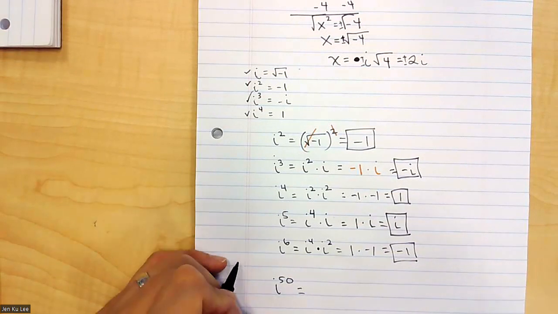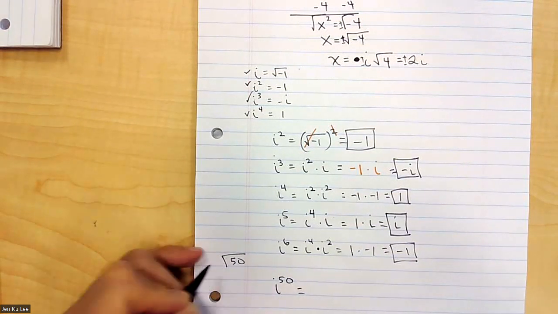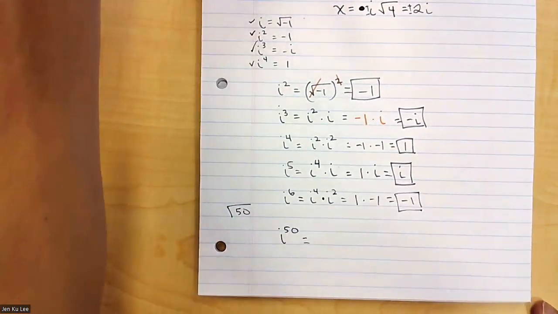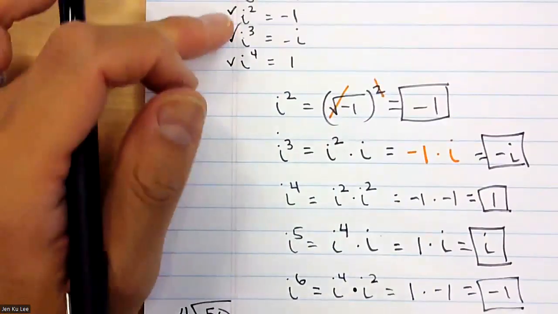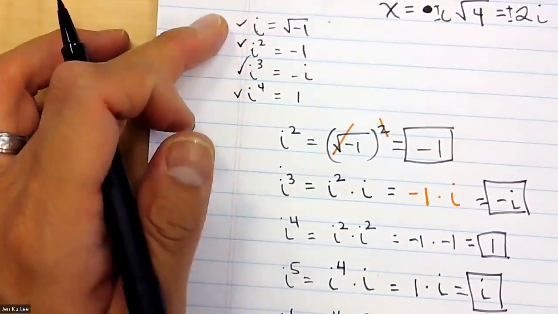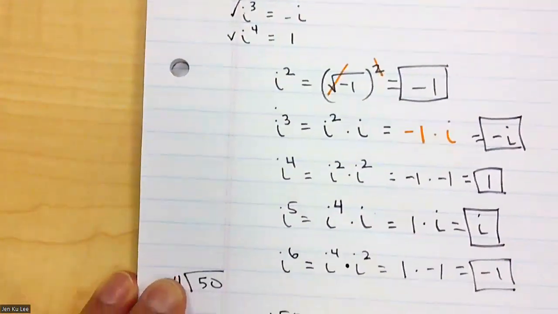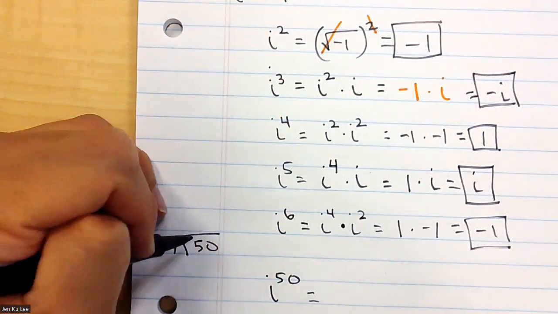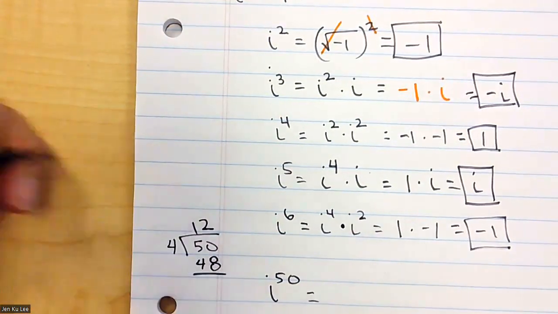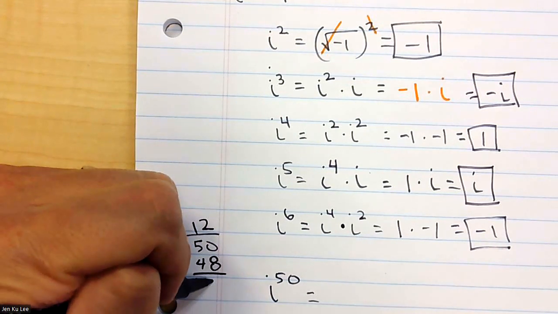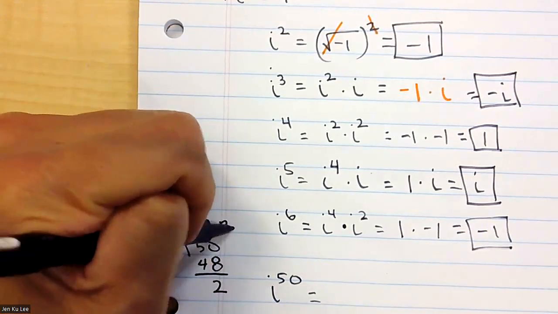Or what you can do, to be more efficient, is 50 divided by 4, because there are essentially four steps to this, right? That's 12, 48, and then you have a remainder of 2.